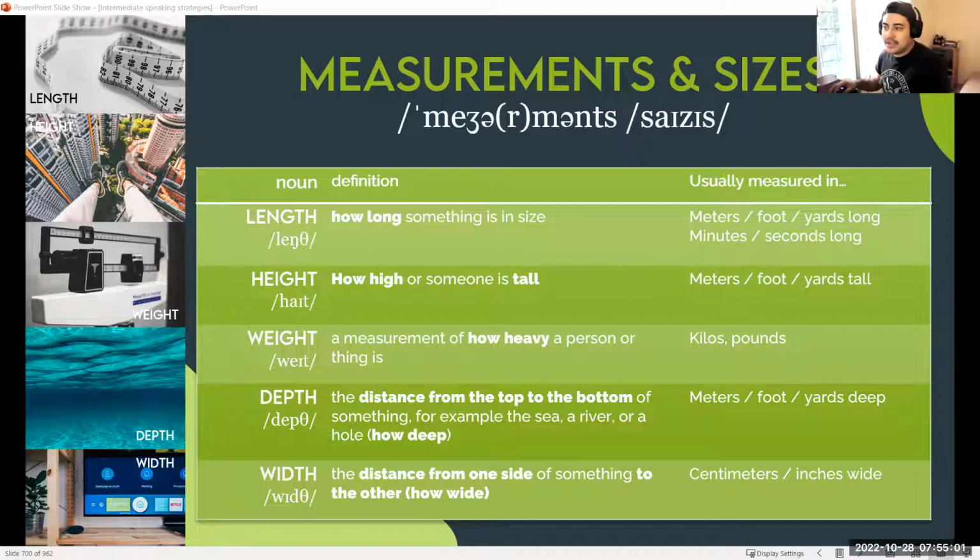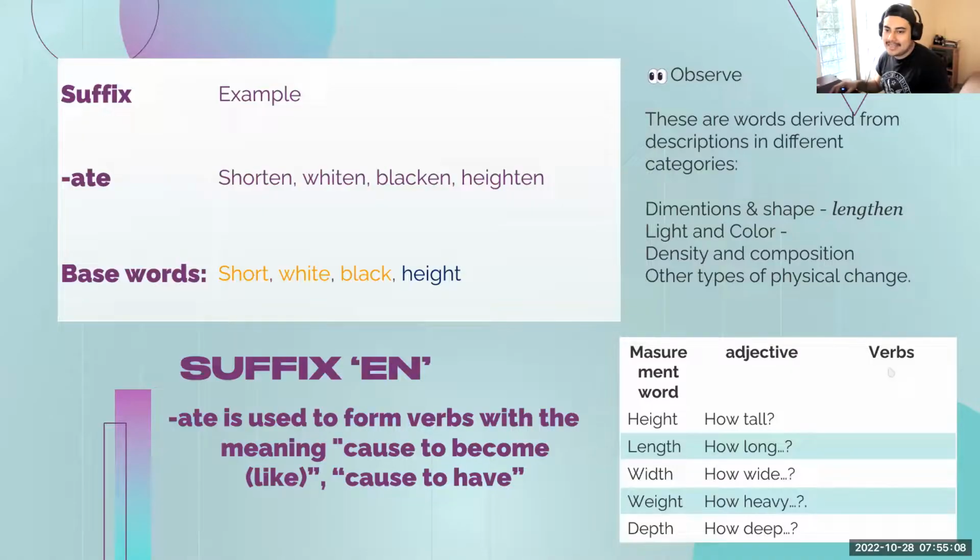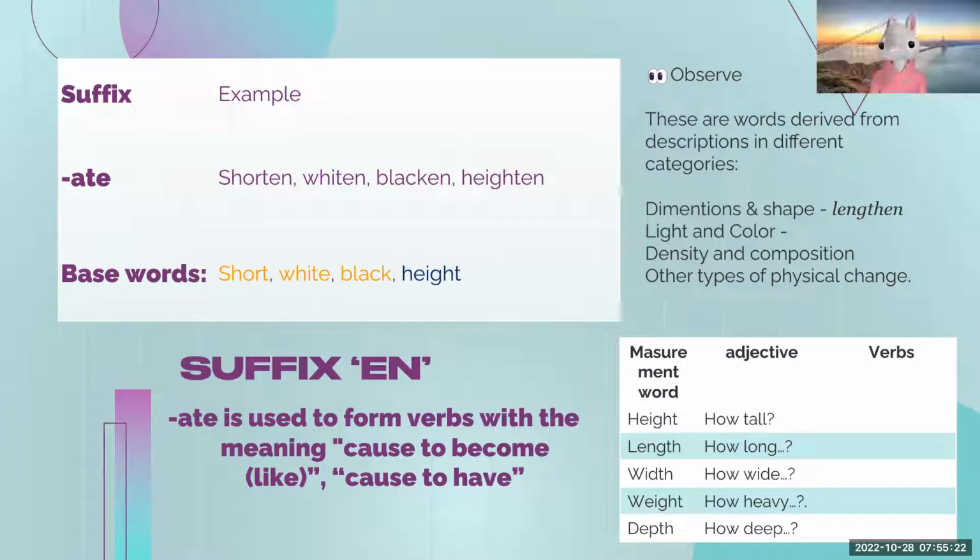So the verbs that we are talking about are transforming these nouns, length, height, weight, depth, and width, into verbs. Here you have height into a verb. We get heighten. Good.